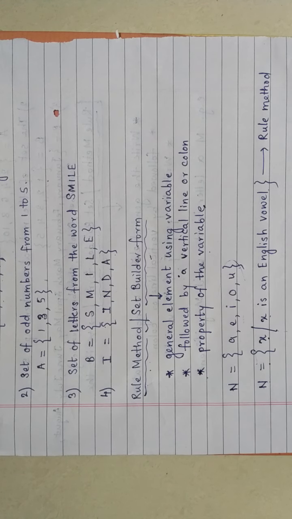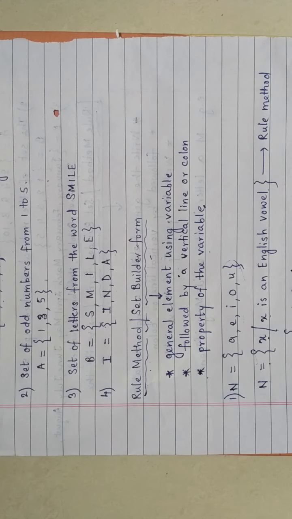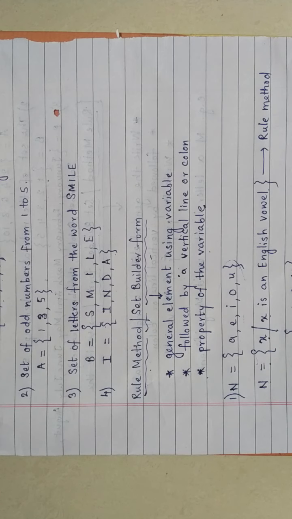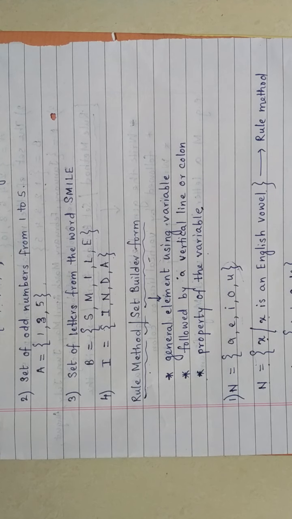Another example we will consider. Second example, this was the first one. Say we have a set A which is 1, 4, 9, 16. A is a set of elements 1, 4, 9 and 16.